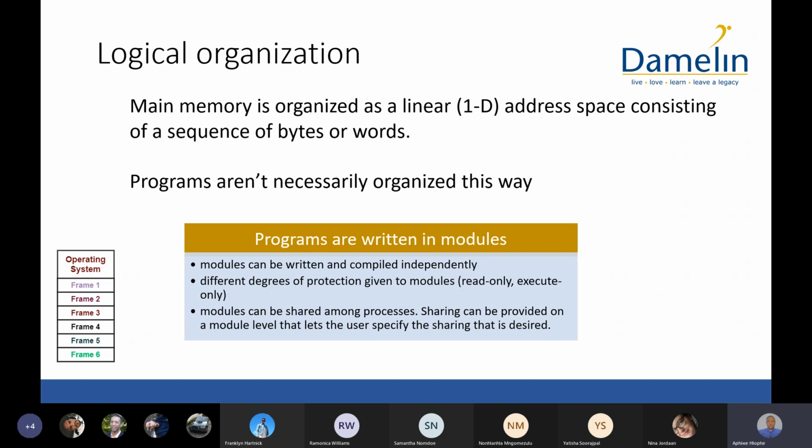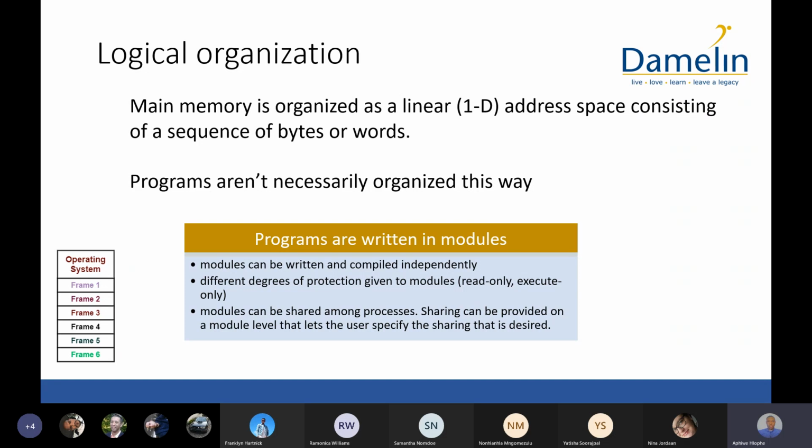You look at a program as one thing, but it actually contains multiple things, modules. These modules form part of the logical organization of the program, and the modules can work independently in terms of allowing certain read or write permissions.